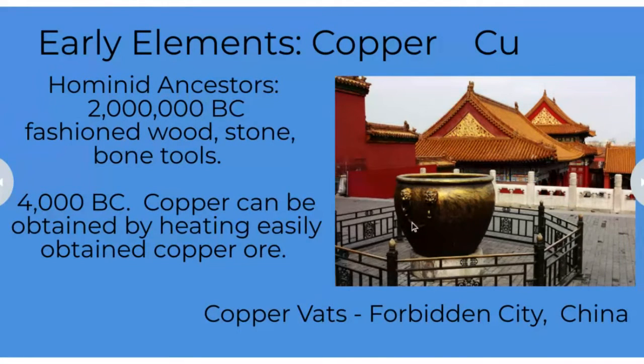Apparently, these were used as anti-fire protection. Every day there were people assigned to fill these vats with water. In the case of fire, they would be able to deal with it. These are mostly copper. I think some of them are gold plated, but this is basically a big copper pot.